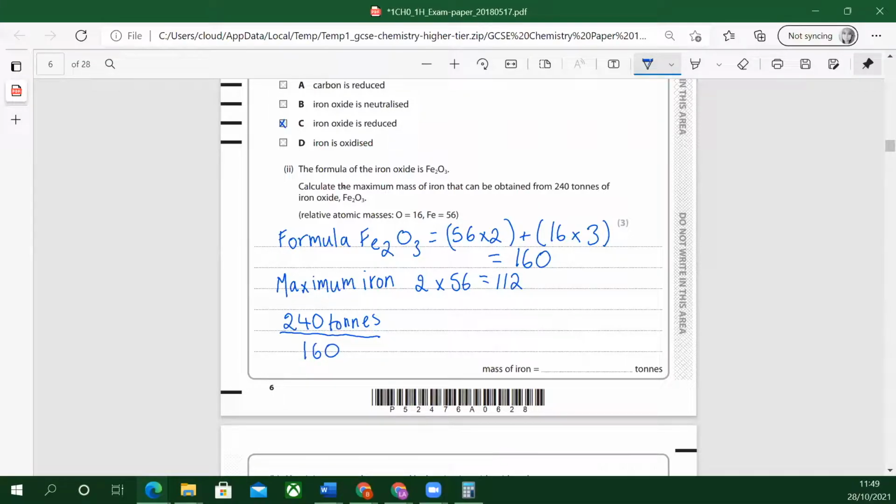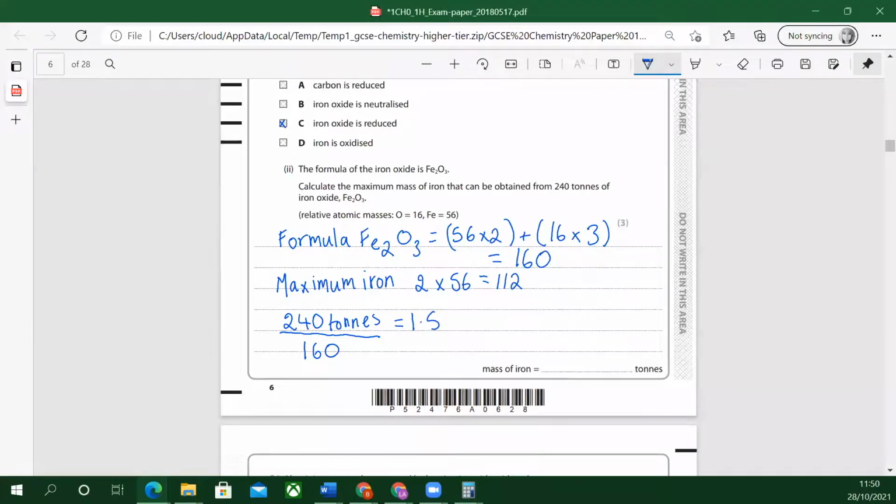Okay. And then what we can do, the next thing we can do is times 240. We can work that out. So 240 divided by 160. Let's do my calculator. 240 times 240 divided by 160. 1.5.